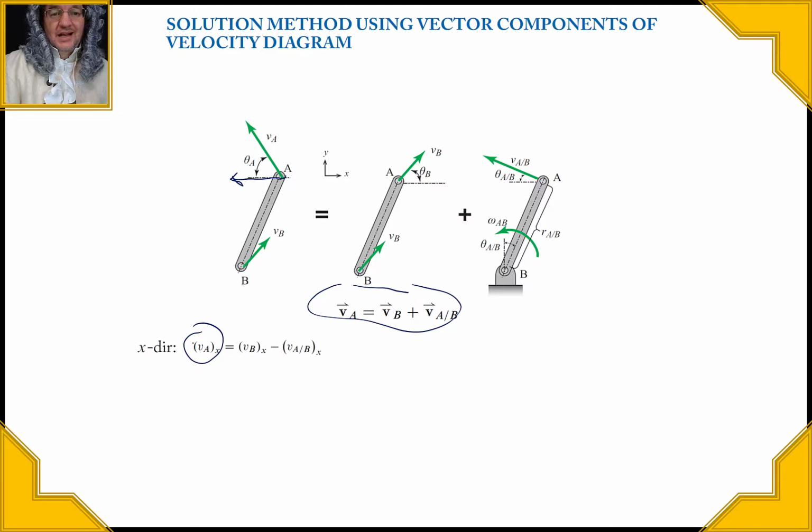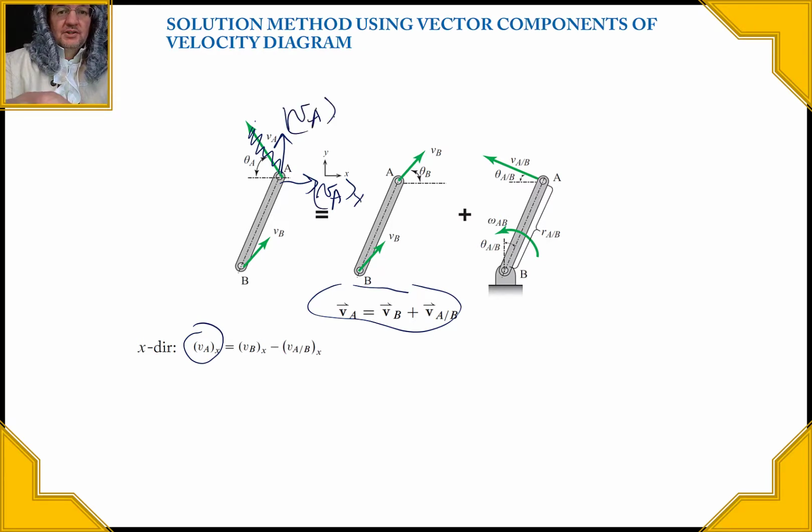A lot of times for the one right here that's unknown, I'll just assume that it is in the positive direction, and then I'll find out what my answers are going to be for the velocity of A in the x direction and the velocity of A in the y direction. I'll put those down there where I'm writing out the equation.